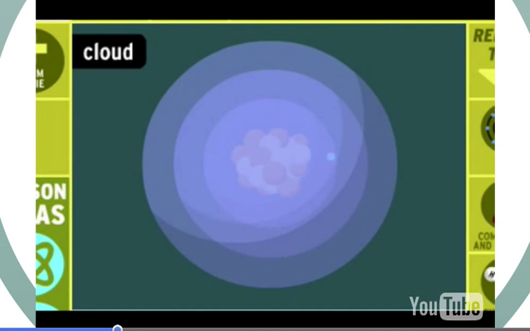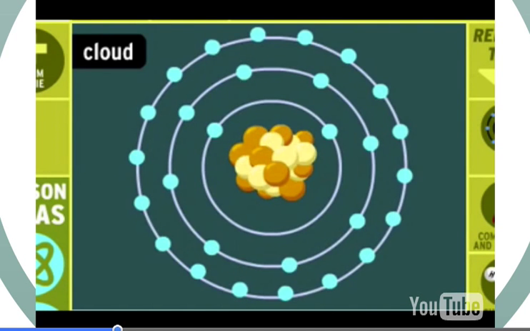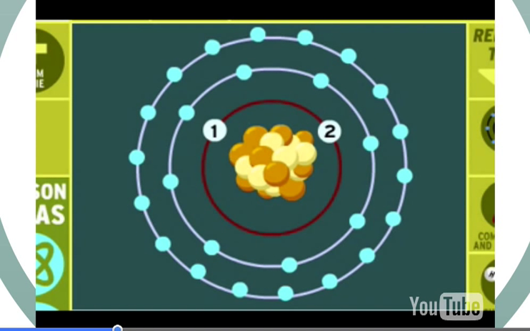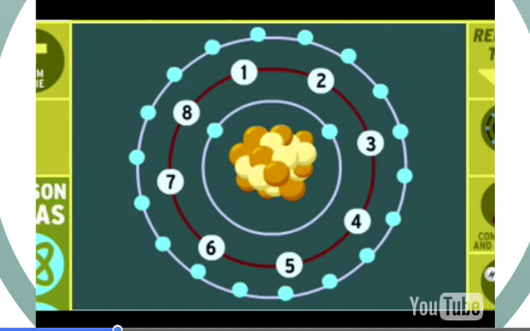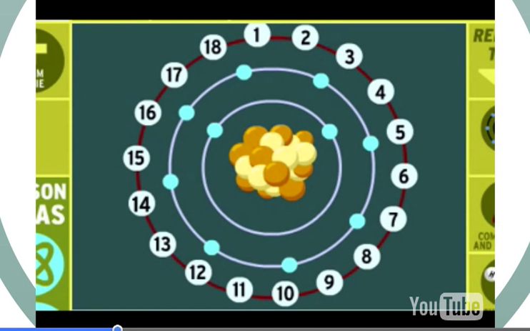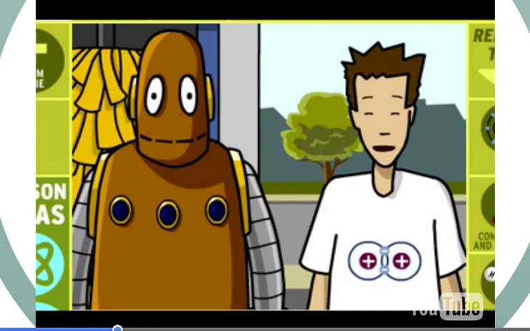But in any case, each shell can hold a certain number of electrons. The first shell, closest to the nucleus, can hold 2. The second shell can hold 8 electrons, while the third shell can hold 18, and the fourth shell can hold 32. And this is where things get sticky.